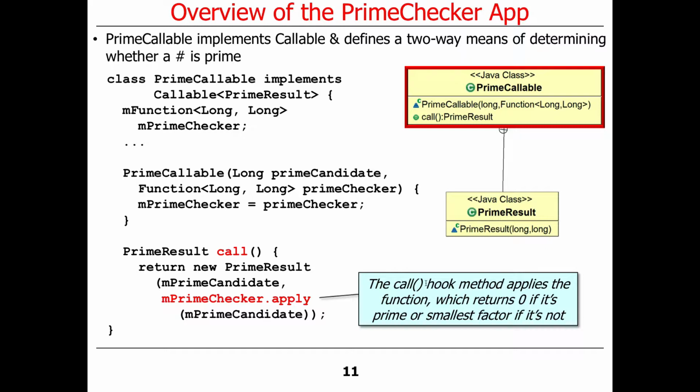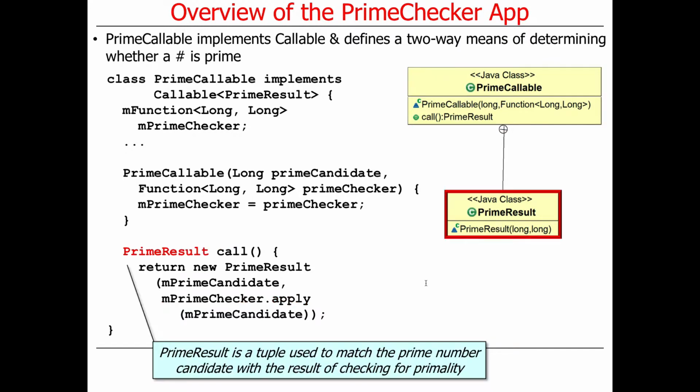And so that's going to return the result, which will either be 0 if the number's prime, or the smallest factor if it's non-prime. And that result and the prime candidate, the original value we're checking for primeness, will be stored in something that's called a PrimeResult. And we use the PrimeResult as a way to be able to get the result back to the main thread, the waiter thread that's sitting there waiting to get results.